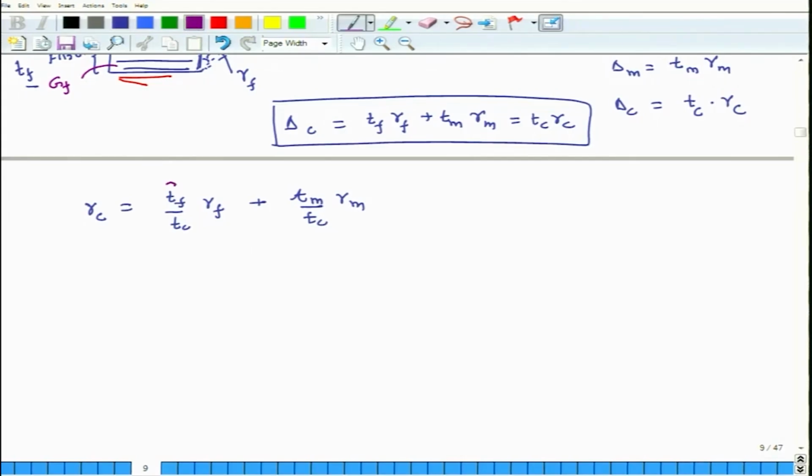And what is Tf over Tc? It is the volume fraction of fiber. And what is Tm over Tc? It is the volume fraction of matrix. So, gamma c is equal to Vf gamma f plus Vm gamma m.